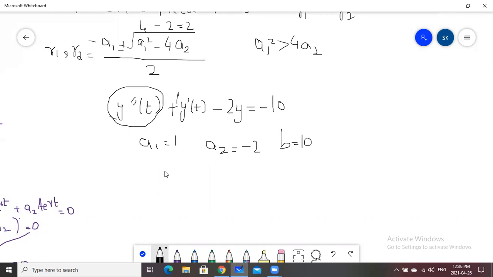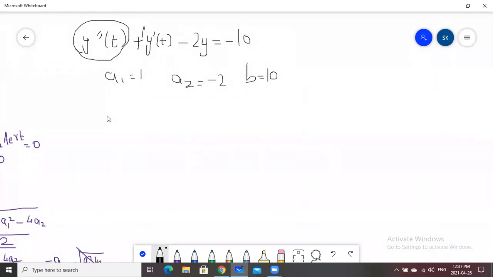Now if we solve this question, we take R1, R2 is equal to minus A1. A1 is equal to plus 1, assigning a negative sign with it, we get minus 1, plus minus.